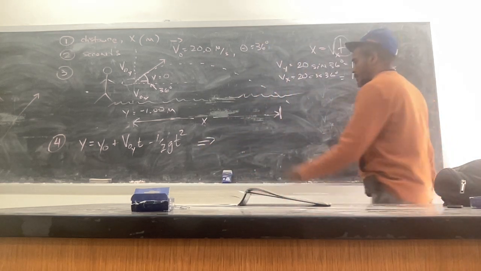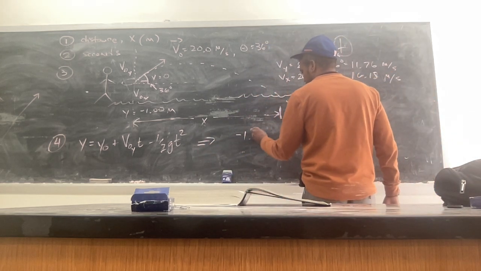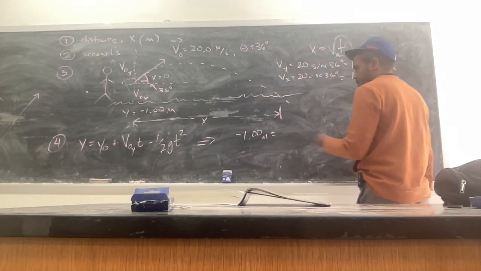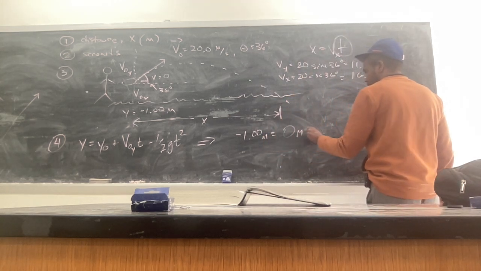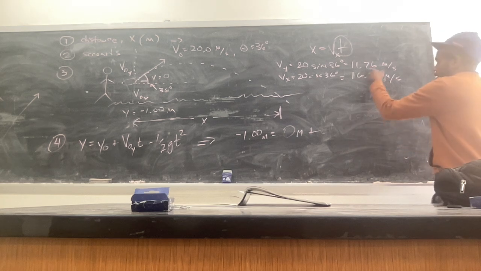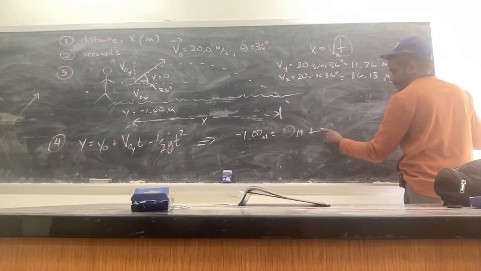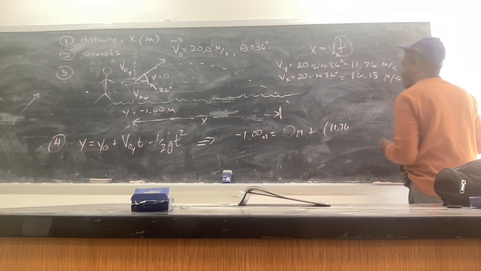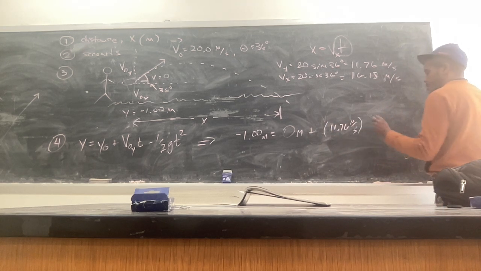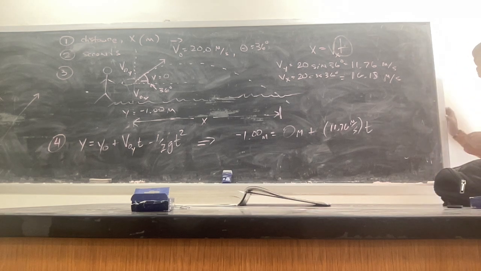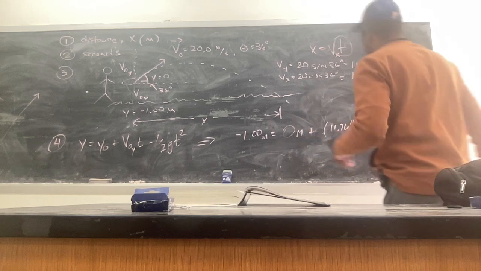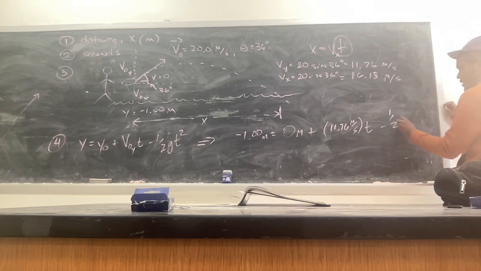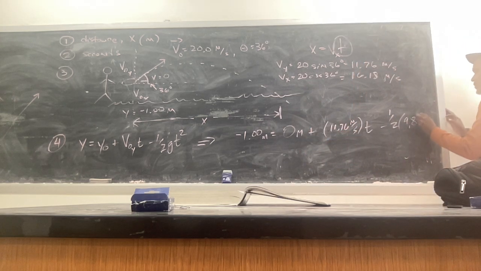All right, we got negative 1 equals 0 plus 11.76 meters per second, t, minus 1/2 of 9.8 meters per second squared, t squared.